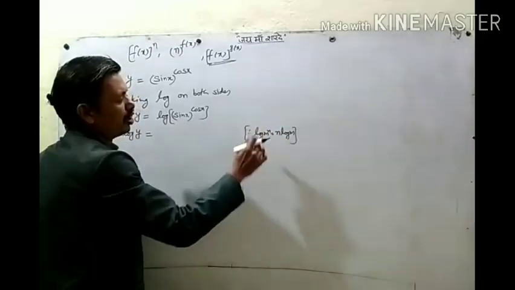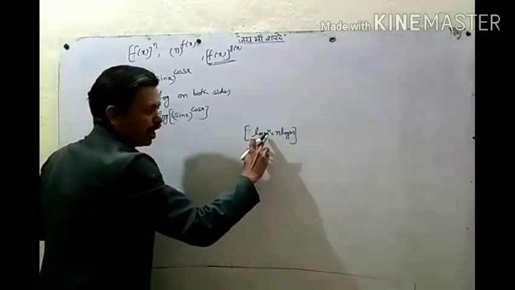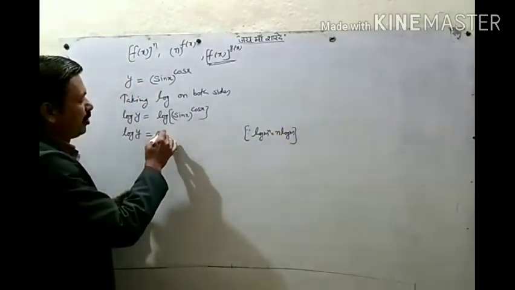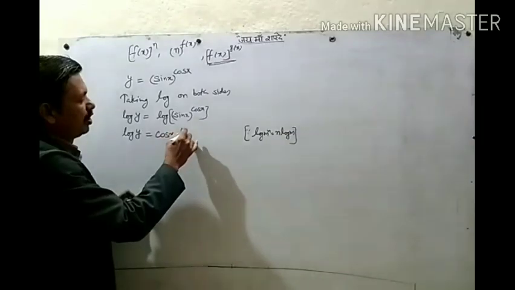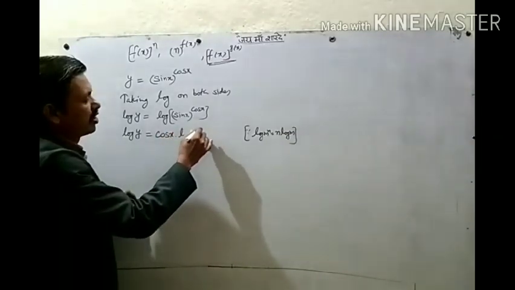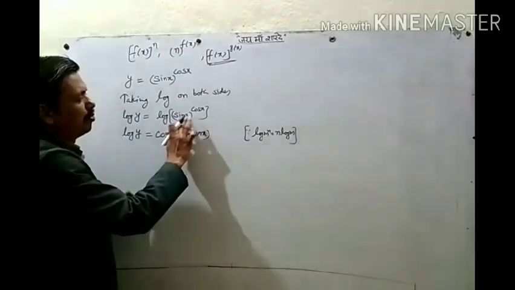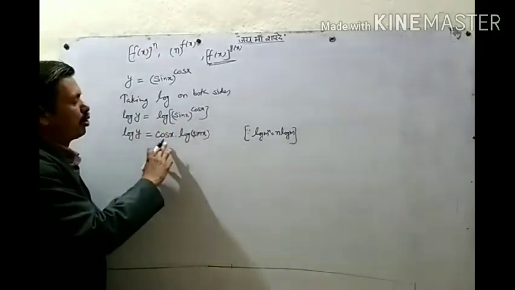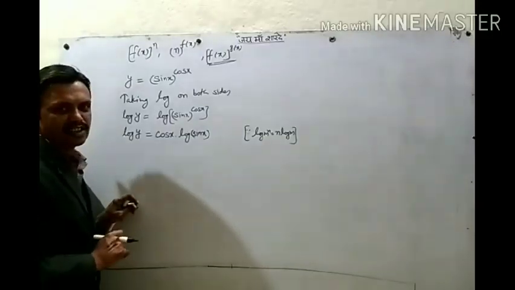So this we can write as cos x into log of sin x. It is your m, it is your n, so n log m. So we get log of y equal to cos x into log of sin x.